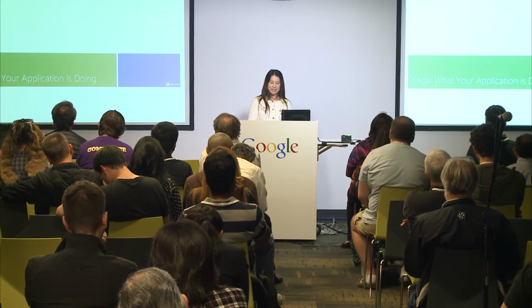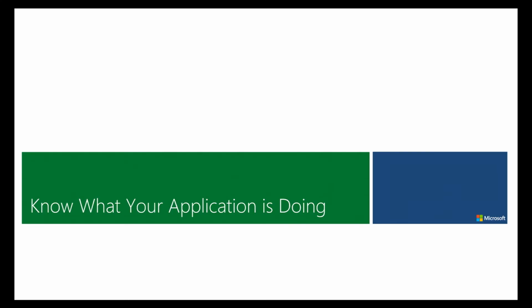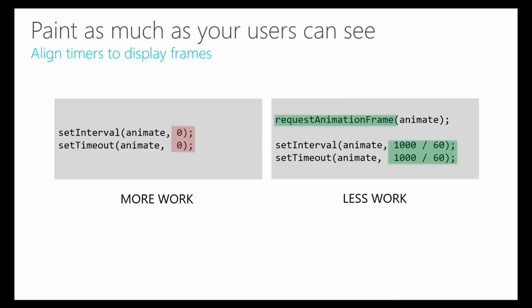Okay, so the other thing is, we want to know that you really understand what your application is doing. It may be something you already know, but I thought it's worth mentioning, especially when you want to align a timer to display all those different frames. There are two APIs: one is called setInterval, the other setTimeout.